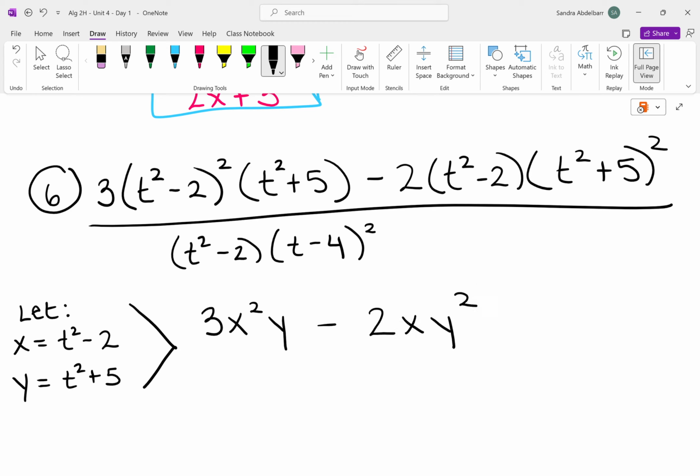Based on that, I'm going to have 3x squared y minus 2xy squared, all over x times the quantity t minus 4 squared.